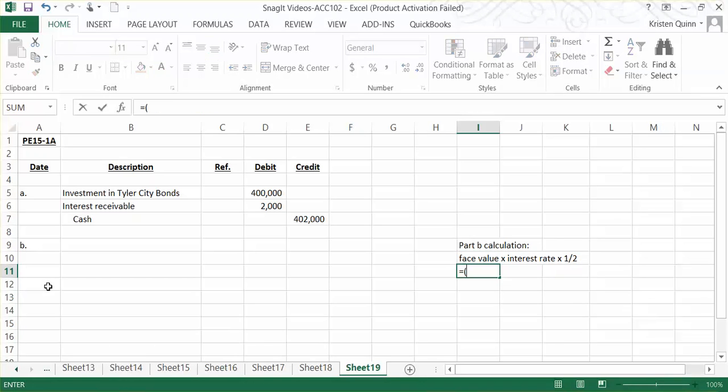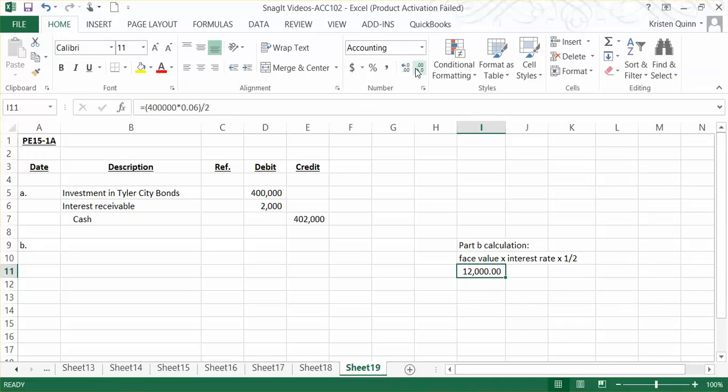So our face value is $400,000 that we're going to multiply by our interest rate of 6%, and then we're going to cut that in 1/2 because it's semi-annually. So on a semi-annual basis, we will receive $12,000 from this bond.